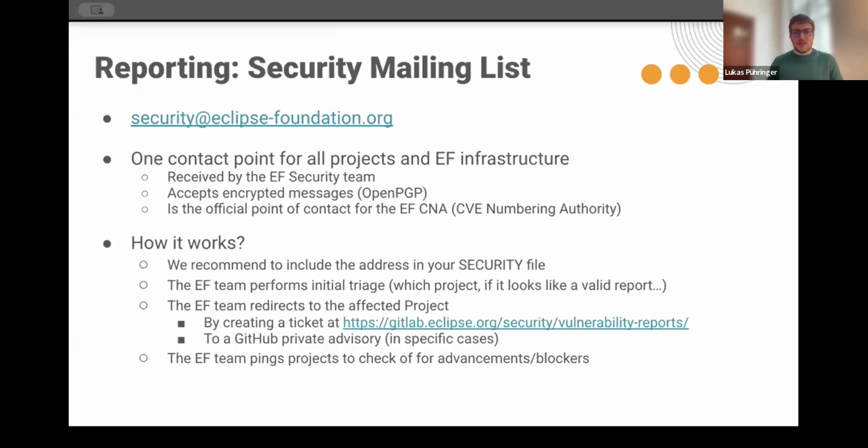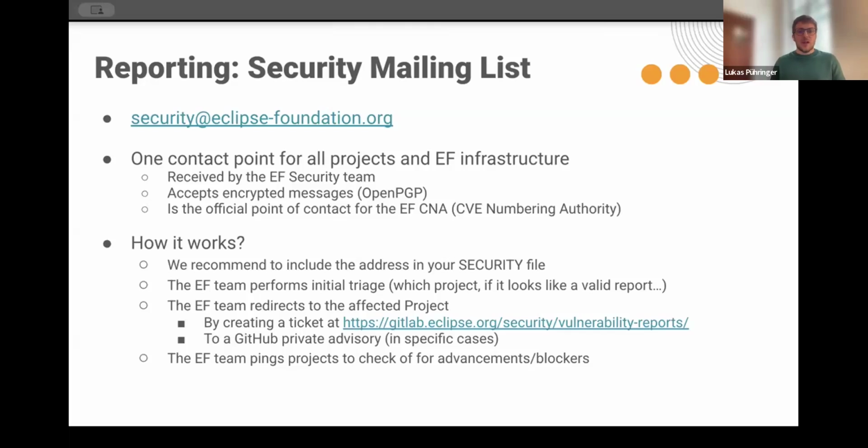When messages go onto that confidential list, they are received by the Eclipse Foundation security team. We perform initial triage. We see if it's an actual valid report. Lately, we've been receiving some AI-generated reports. Some of them are not relevant. Some of them are relevant.